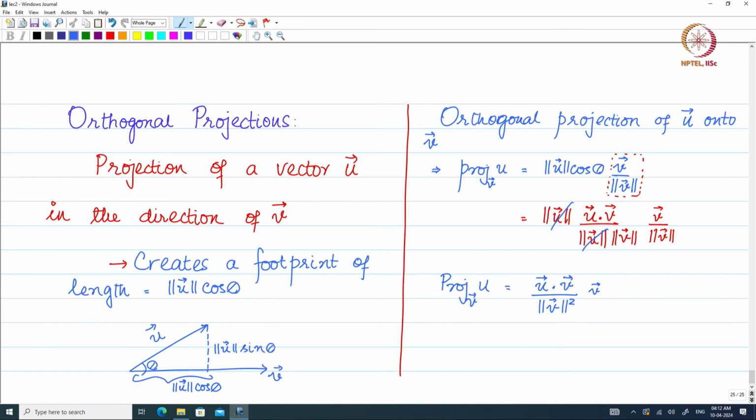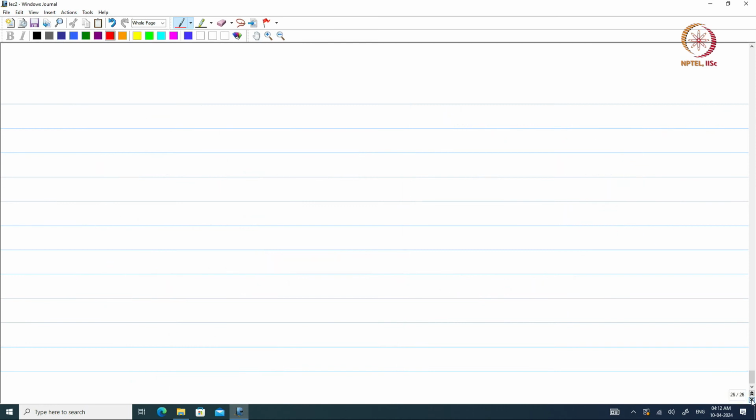So, we already know that the vector u you can decompose into two components, which is like u cos theta plus u sin theta, that means u parallel and u perpendicular. That is very clear from here. So, this u can be written as u cos theta plus u sin theta. So, let us look at that.